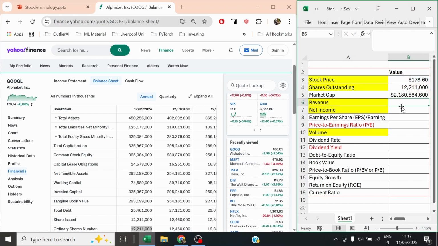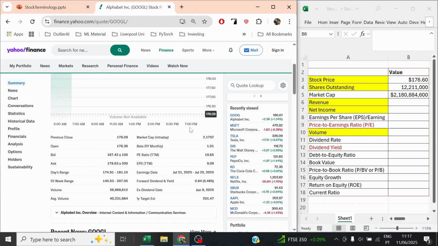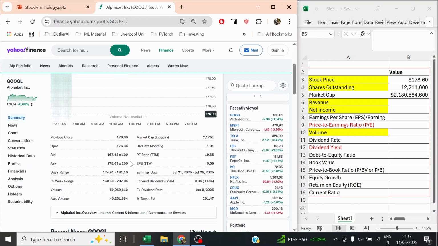So as you remember, the number of shares outstanding is actually in billions. So the market cap is actually 2.1 trillion. And usually the market cap you don't have to calculate, it's reported straight away. If I can find the market cap, okay, you see it's 2.1 trillion as we calculated.